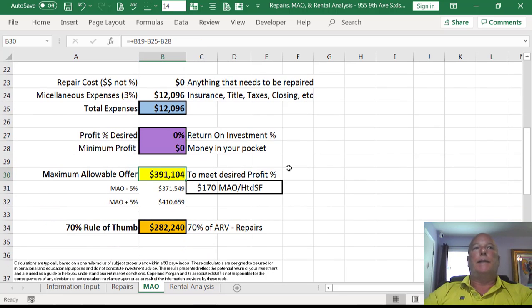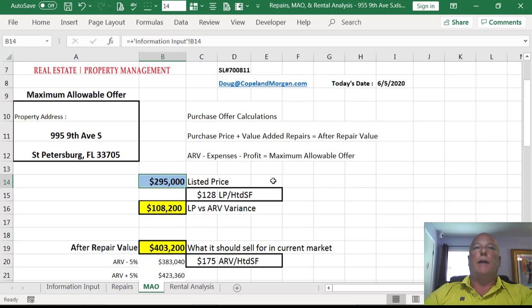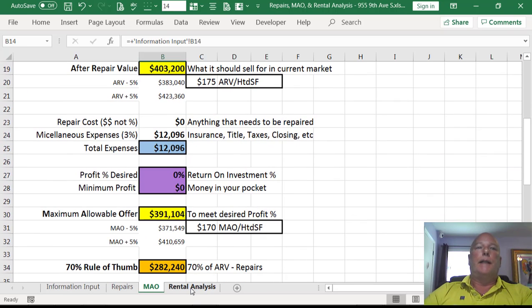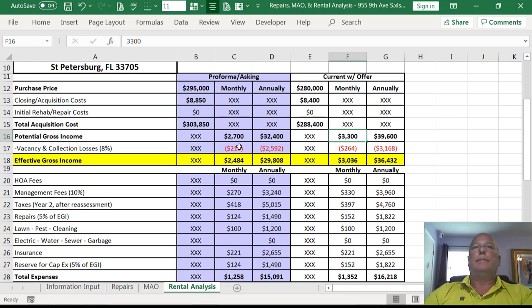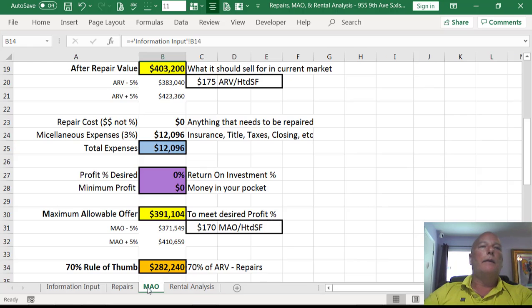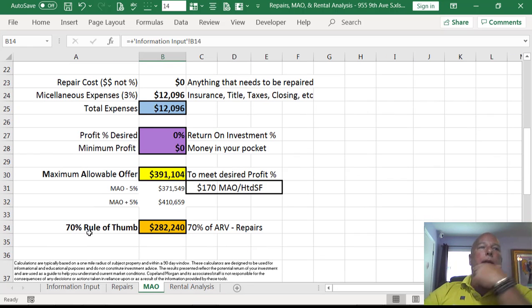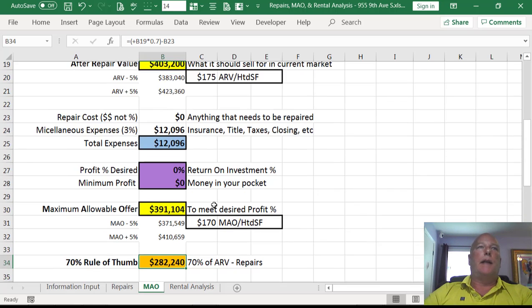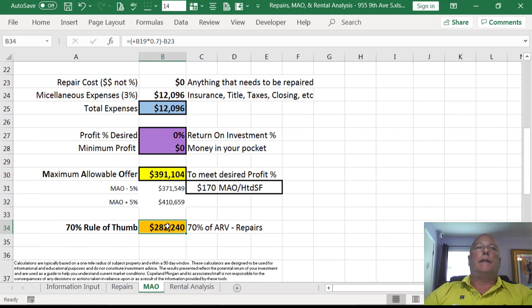So basically on this $391, that's way over the $295 price. So let's get into the real numbers and see. Let me cover this real quick. The 70% rule. There's some investors out there that go, okay, the ARV is XYZ, and in this case 403, and then they just take 70%, and that's going to cover all their closing costs, all their repair costs, their profit, their everything.